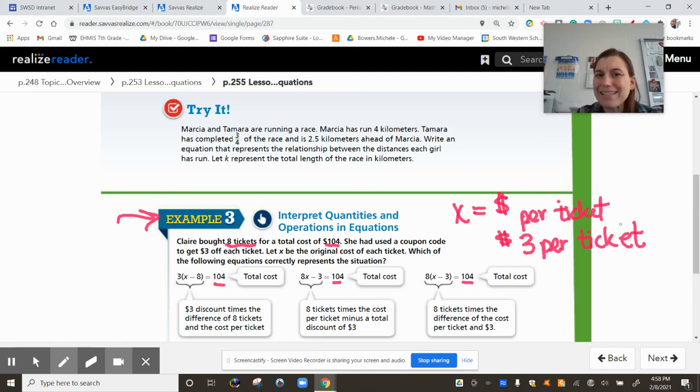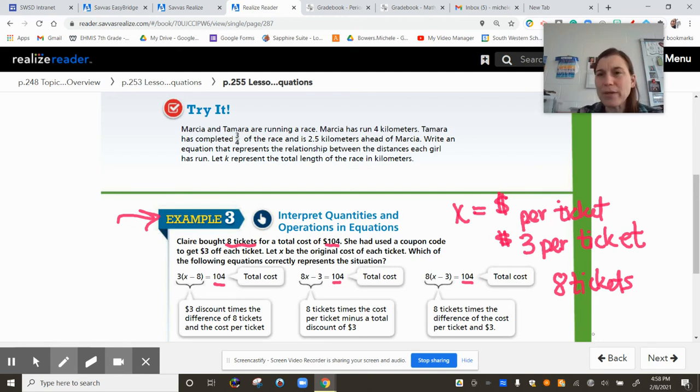So then what's the 8? Well, the 8 is 8 tickets. So 8 isn't the money, 8's the number of tickets. So if I was going to buy 8 tickets and they each cost X dollars, wouldn't I multiply 8 times X to find the total cost? Yeah.